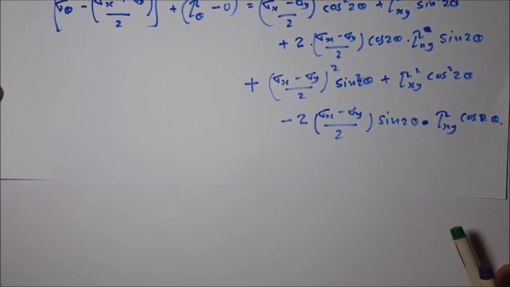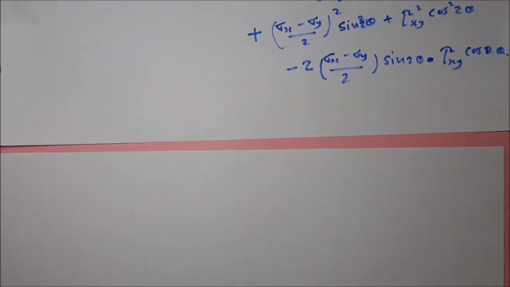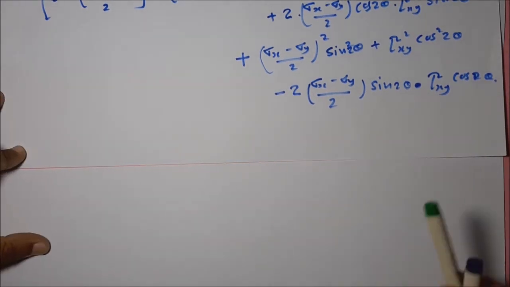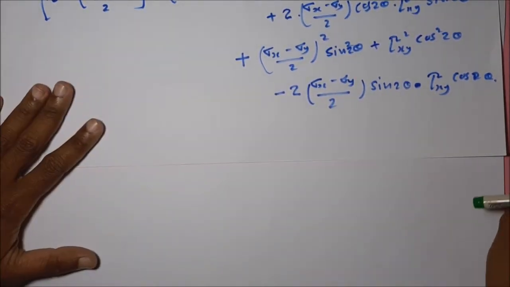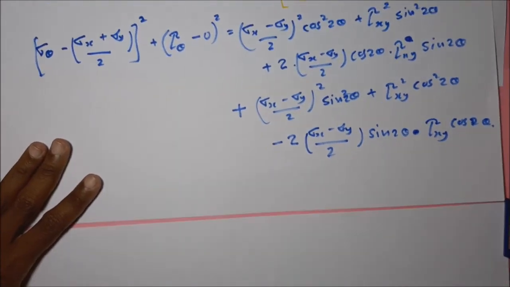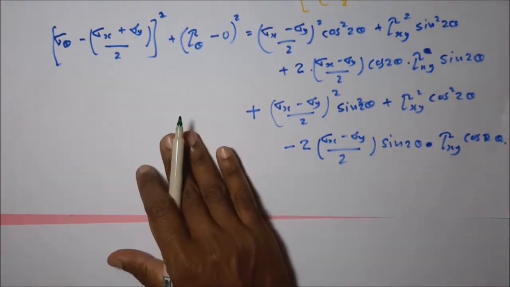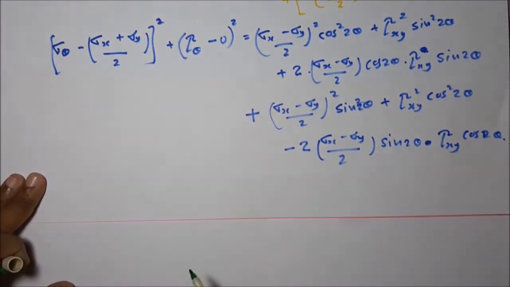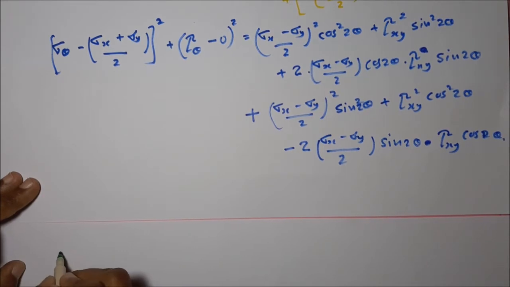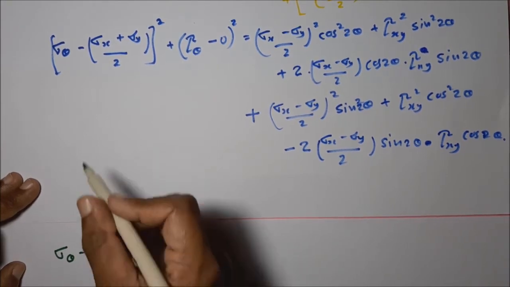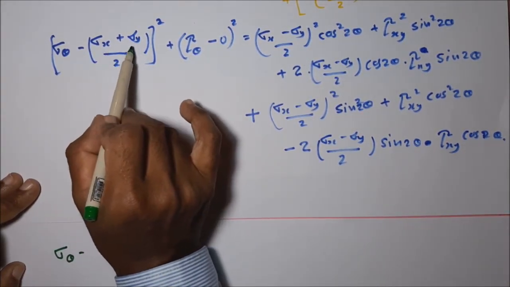This expression I am going to simplify further. Here we can write sigma theta minus sigma x plus sigma y divided by 2.